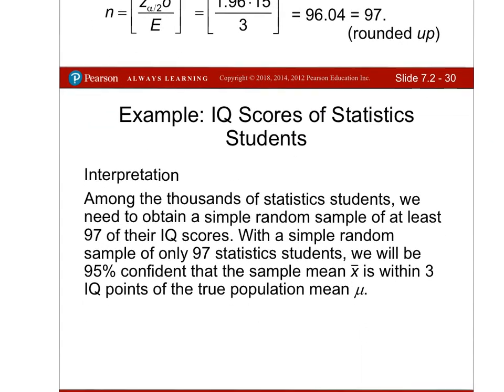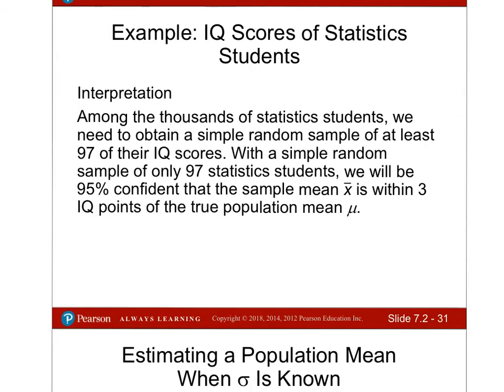So basically, what we need to do is survey 97 people. And if we do survey 97 people, we'll be able to create a 95% confidence interval that is within 3 points of the true proportion.